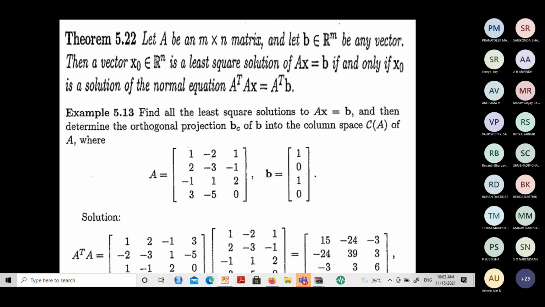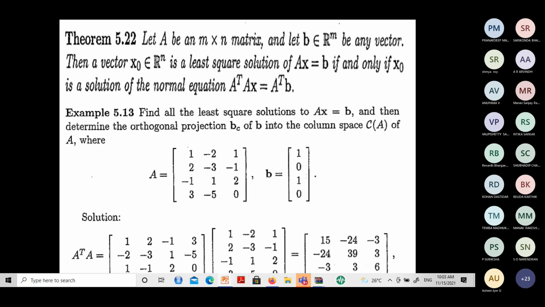So what I said so far, the main thing is the linear system Ax equal to B will have a solution only when B is in the column space of A. Suppose B is not in the column space of A, it's obvious that Ax equal to B will be inconsistent. So what should I do?